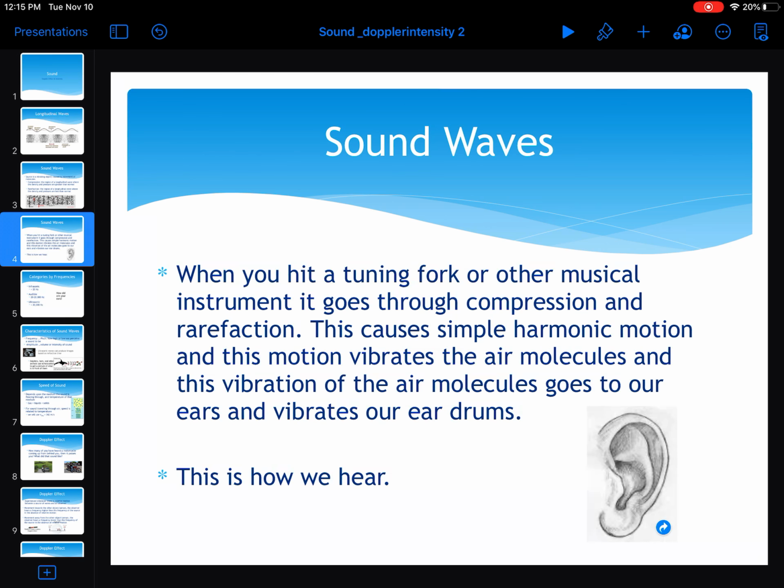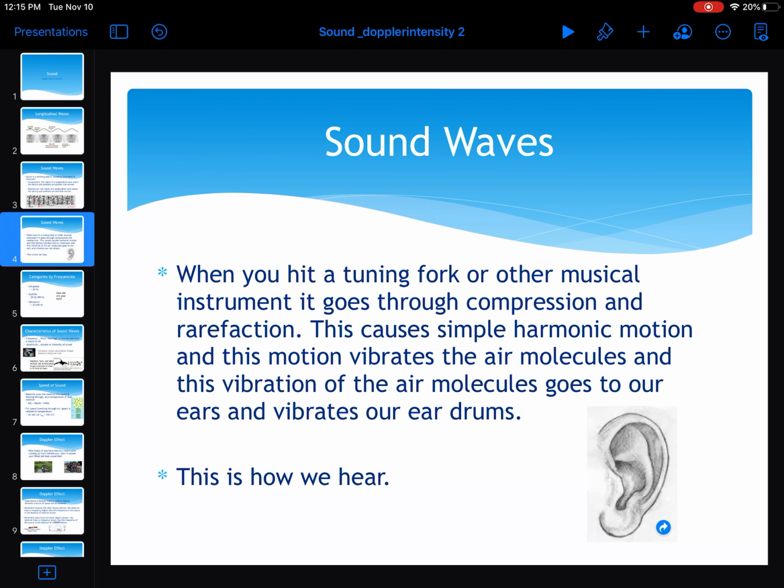So when we're talking about creating sound, you need to understand that sound is created because of vibration of molecules. So when you strike a tuning fork or any other musical instrument, you are creating a vibration, which then in turn creates these alternating compression and rarefaction. As the object moves, it compresses the air molecules immediately next to it, and as a result we get this alternating phase of high density and low density air molecules.